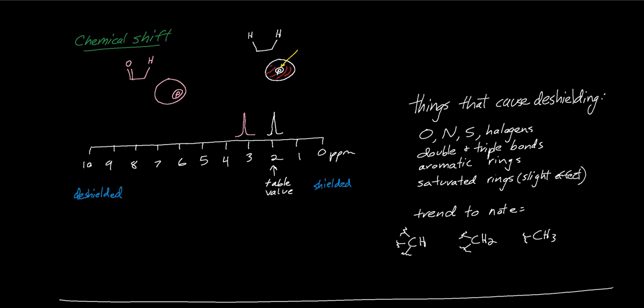So here's electron density. The electron density shields the proton. And the implication is that it's shielding it from the NMR.